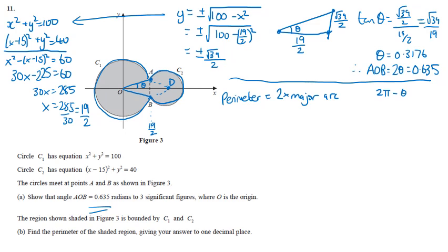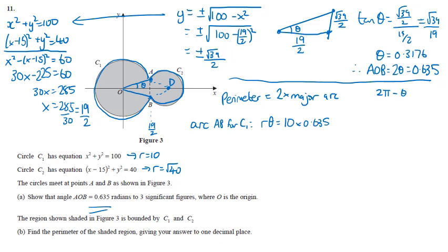First of all, let's find arc A to B for circle 1. Remember the equation is r theta. The radius of circle 1 is 10, and we can get that straight away from the equation. The angle subtended we just worked out in the first part, 0.635.